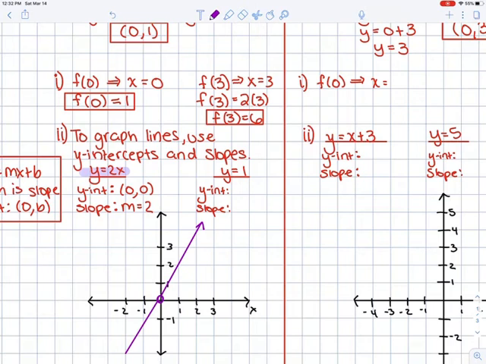I just want to make sure that my slope is correct, and it's not.